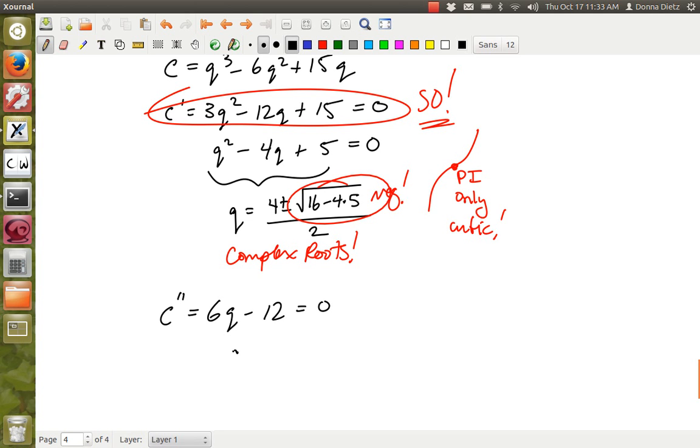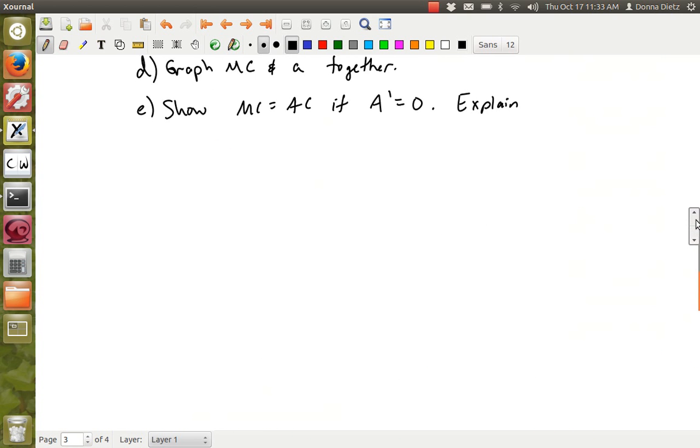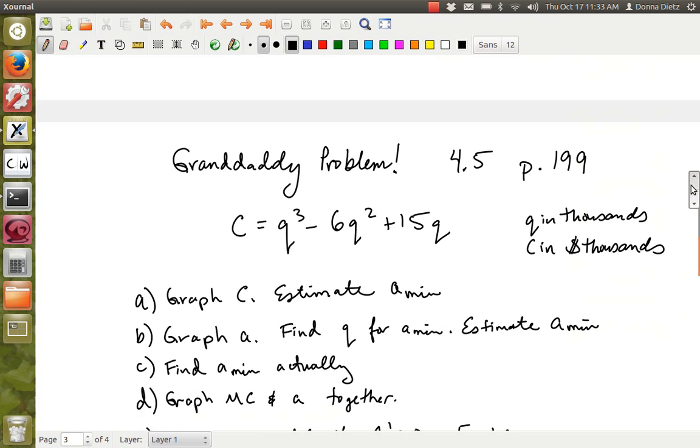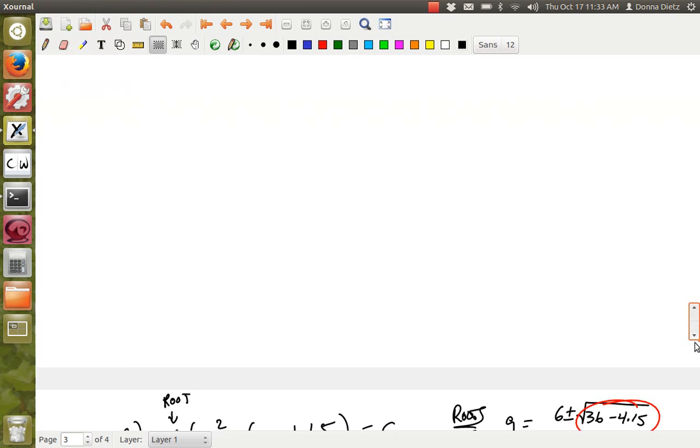Alright, so then you can see that Q equals 2 is our root, and that's the point of inflection for C. Alright, now we want to know where it is. C of 2 is equal to what? Well, you got to go all the way back up to where we found out what C was.